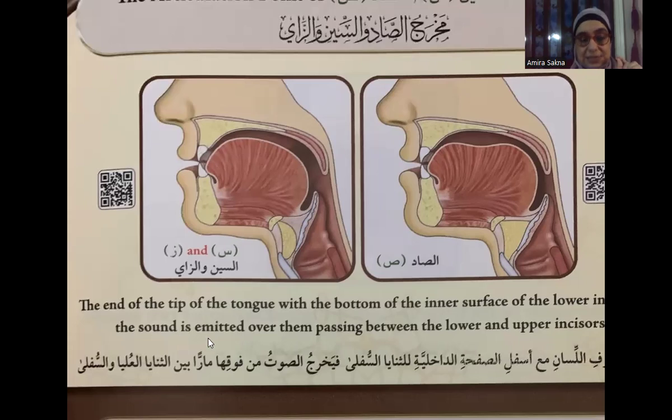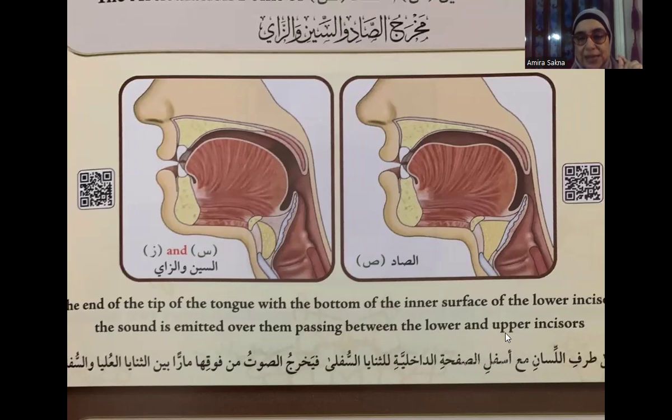The sound is emitted over them, passing between the lower and upper incisors. Because the passage from where the sound will go out from the mouth is so narrow, in between the upper and the lower central incisors, the sound will be sharp, or in other words, it will have a kind of whistling, or as-safir.